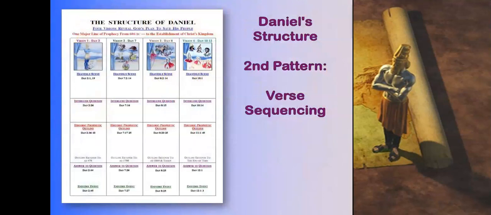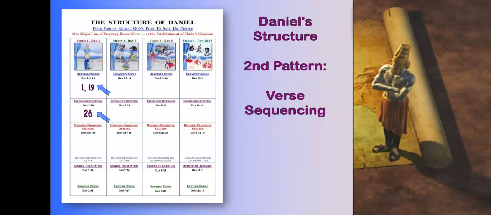Okay, Daniel's second pattern of Daniel's structure is verse sequencing, and this is pretty simple. We have in Vision 1, Daniel chapter 2, the verse sequencing is verse 1 and verse 19. And then 26 reveals the interlude question.